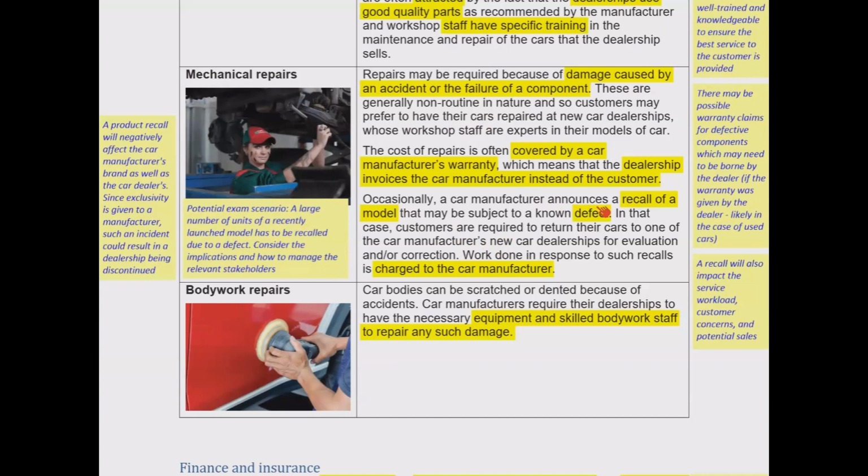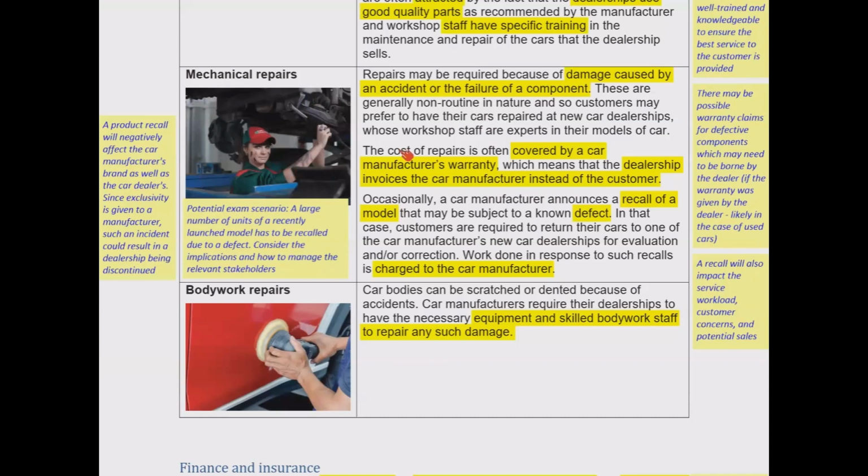And I'm thinking there about the issues to do with pressure on the workshop, the operational risks attached if there was suddenly a product recall. Now, the other thing I would say about product recall is that any kind of product recall really affects the brand image and reputation of that make of car.